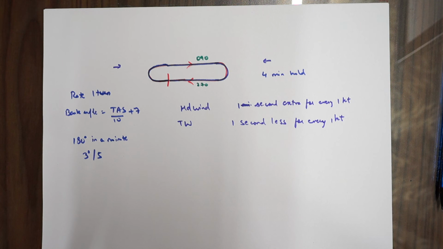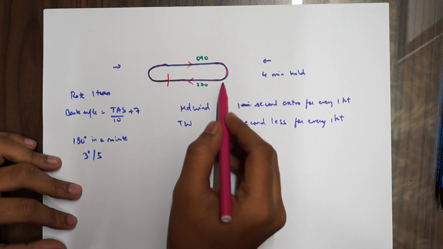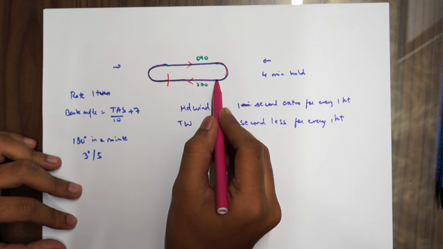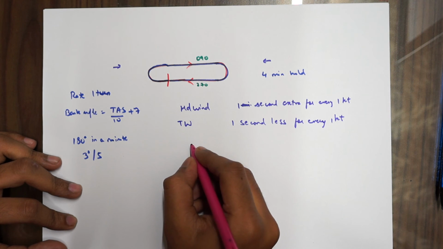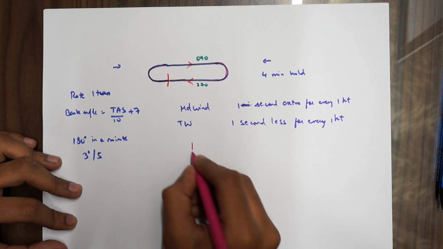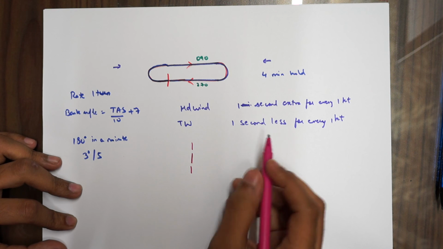Now interesting part about crosswind is, you actually do not know the winds, you don't need to know the drift. Okay, so when you're inbound in the hold, you will have the course aligned. Okay, since you have set 270, your course will be aligned.